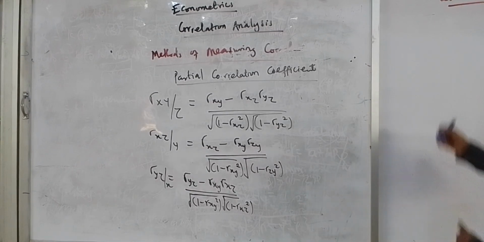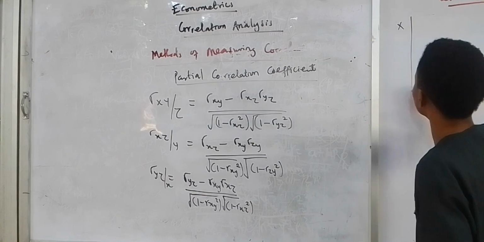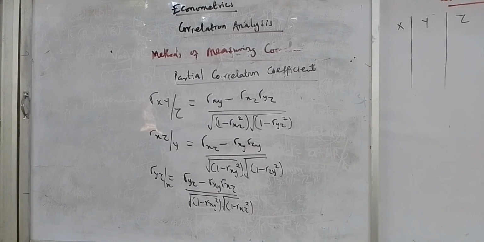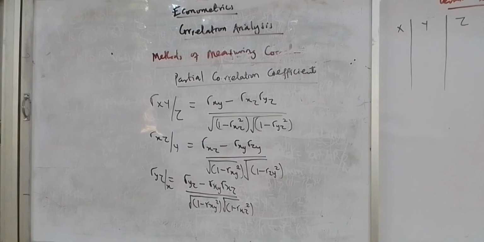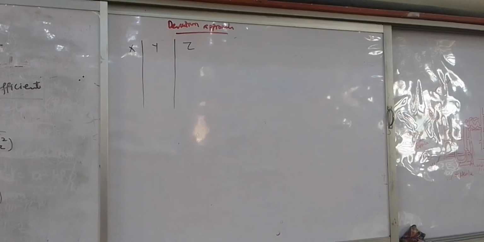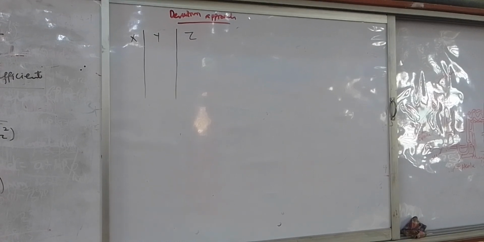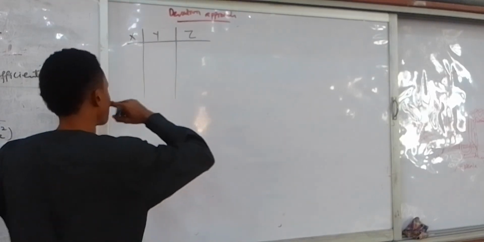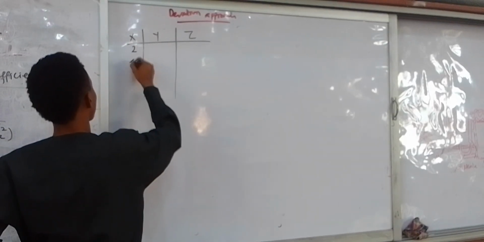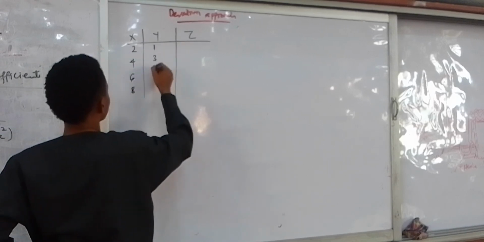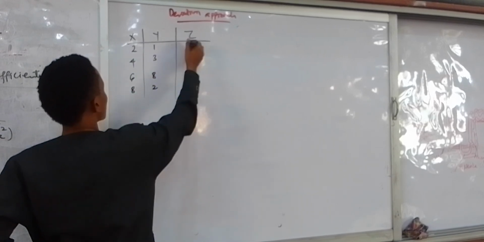Given the following table, x, y, and z. That's what we're going to have. Let's assume your x is 2, 4, 6, 8, and y is 1, 3, 8, 2.